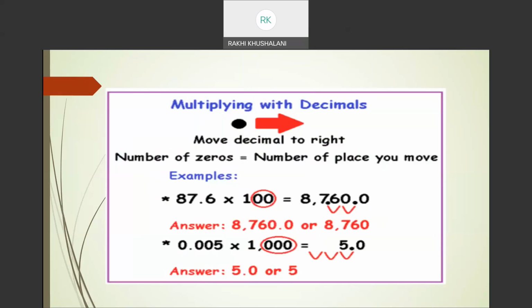87.6 into 100. In 100, there are two zeros. That means you're going to raise the value 100 times when you're multiplying.